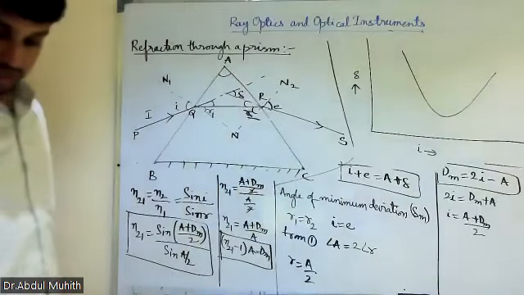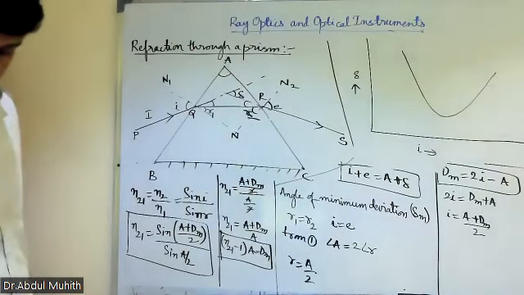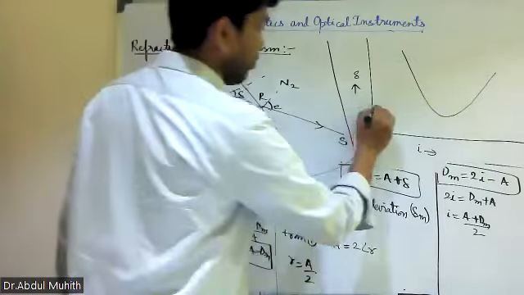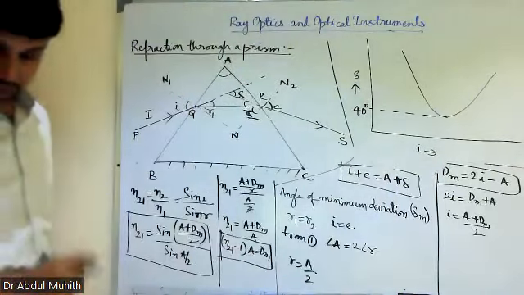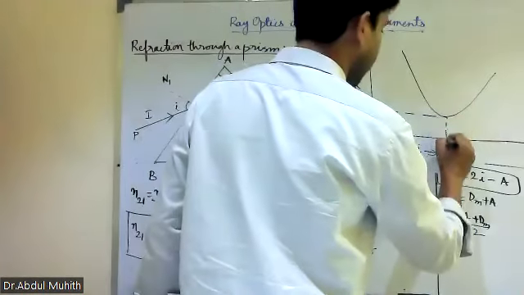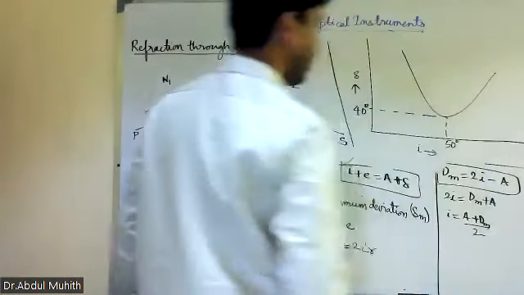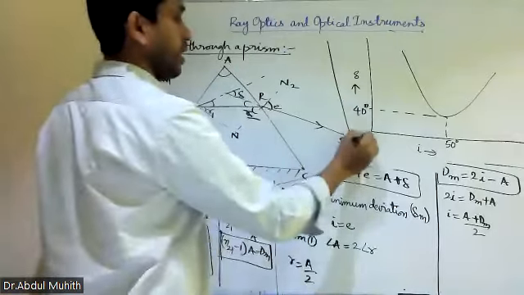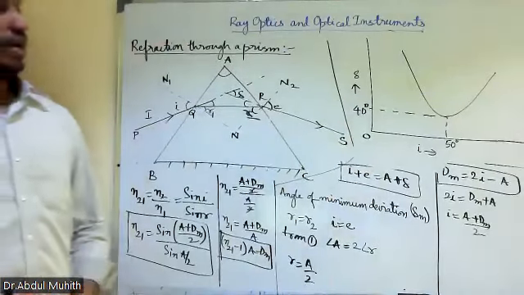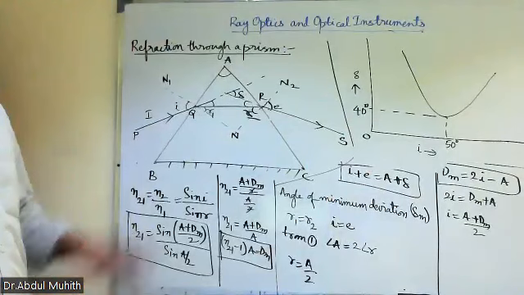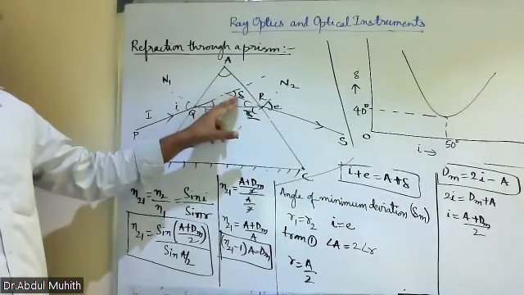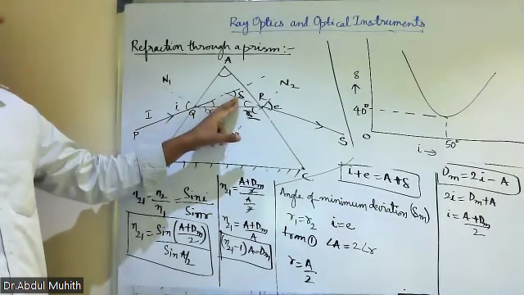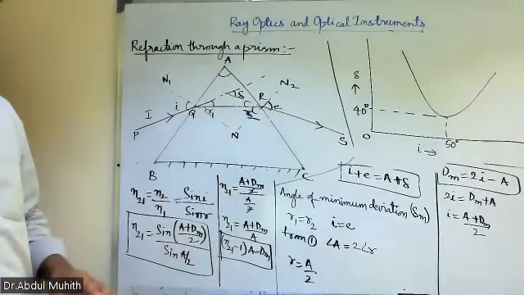At that particular angle, it is somewhere around 40 degrees. At a particular angle of incidence, here 50 degrees, the angle of deviation is 40. Understood? Is that clear?